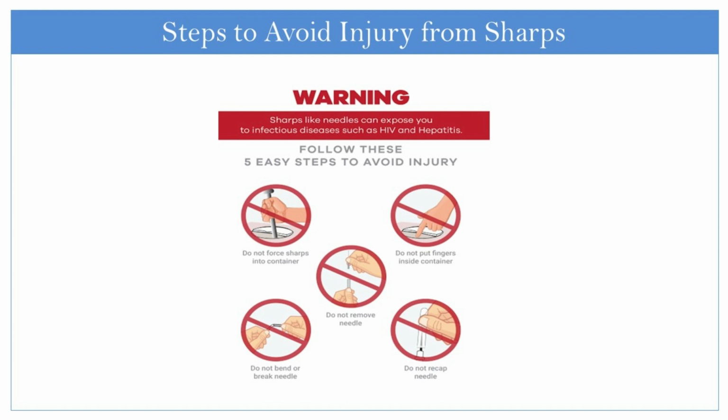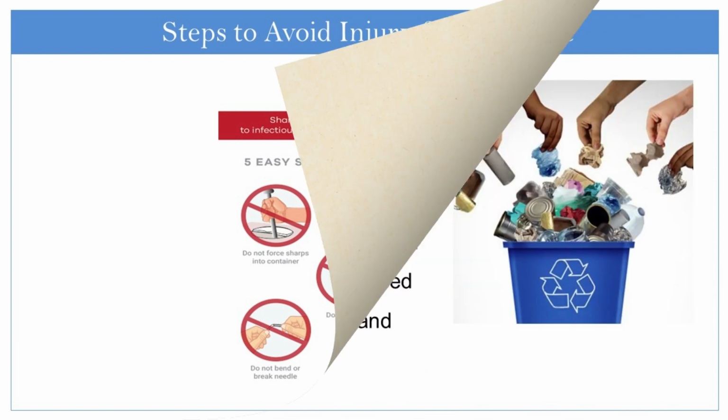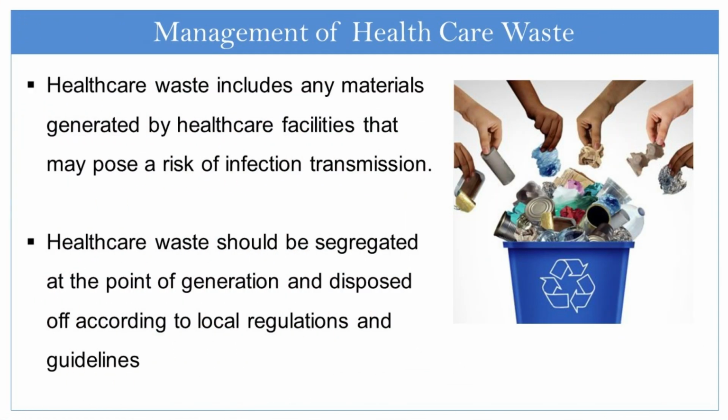Management of healthcare waste. Healthcare waste includes any material generated by healthcare facilities that may pose a risk of infection transmission. Health waste should be segregated at the point of generation and disposed of according to the local guidelines. There are 2 types of healthcare waste.